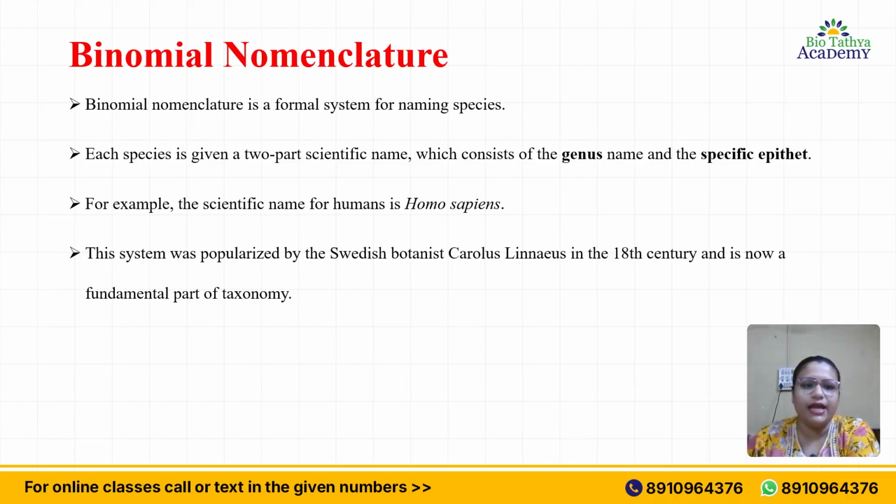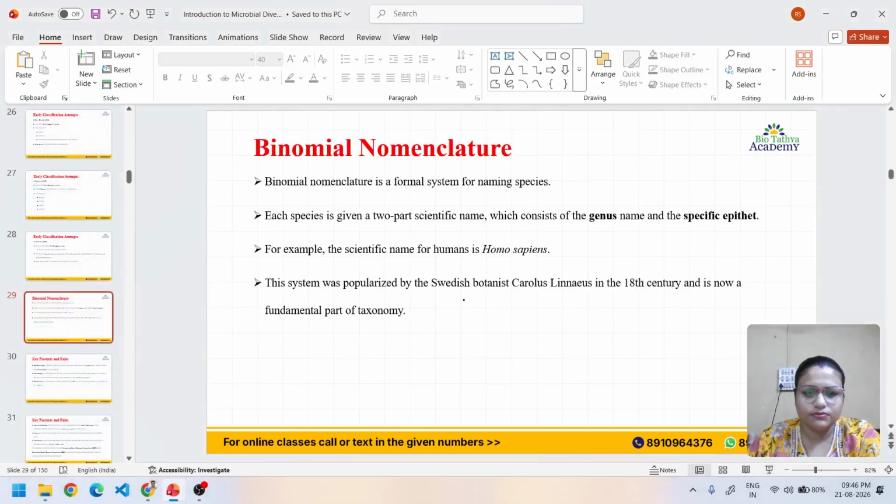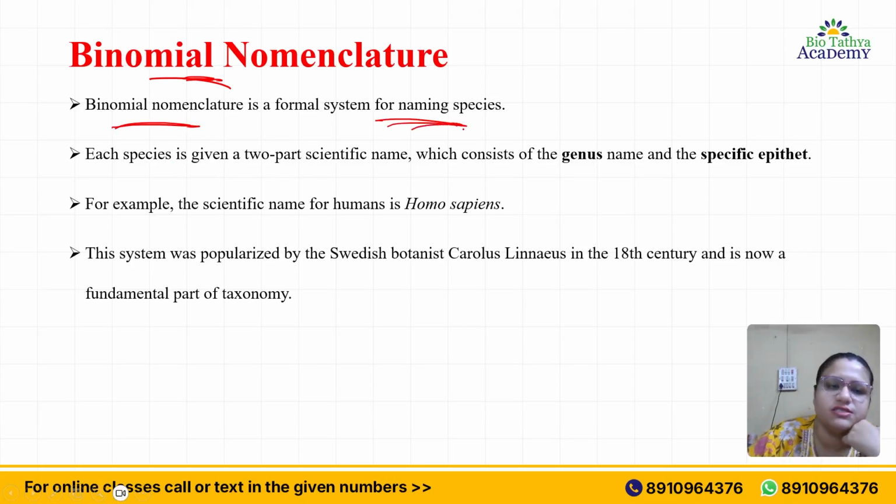Okay. We will come into binomial nomenclature. Before going into the details of Whittaker, we will just quickly go into binomial nomenclature. I have told you what it is: binomial nomenclature is a formal system of naming species.